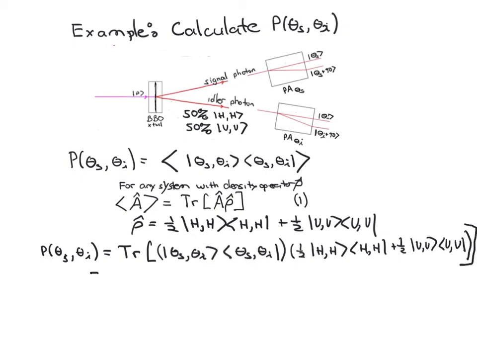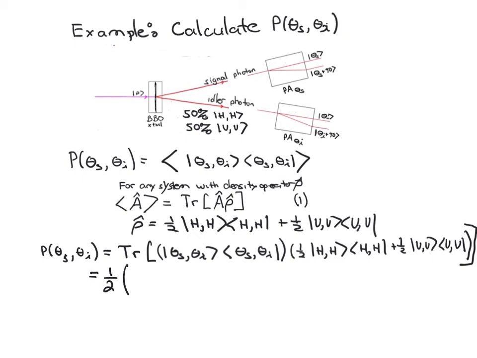And now I can rewrite this whole thing. There's a common factor of a half, which I'll pull out. And there's an identity which you can convince yourself is true: the trace of a sum is equal to the sum of the traces.